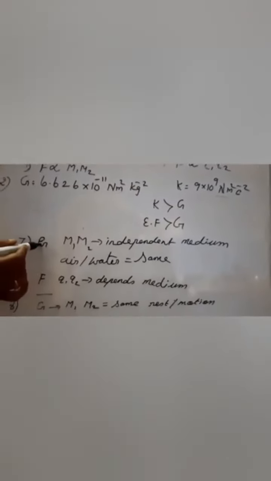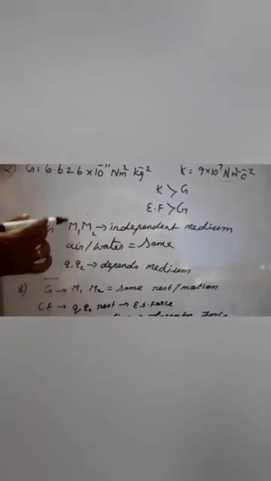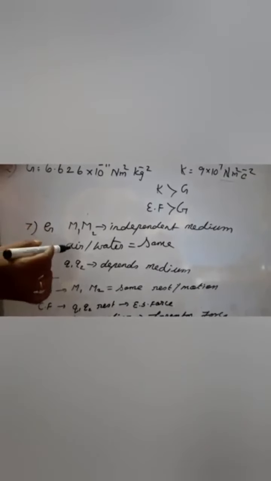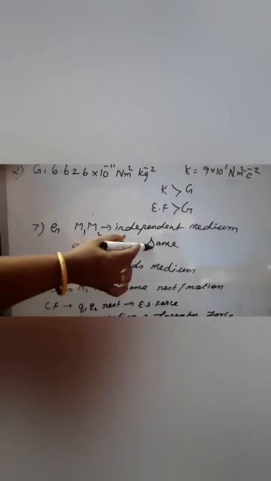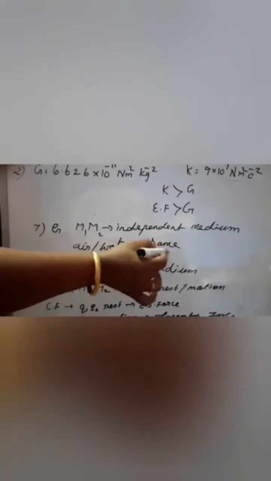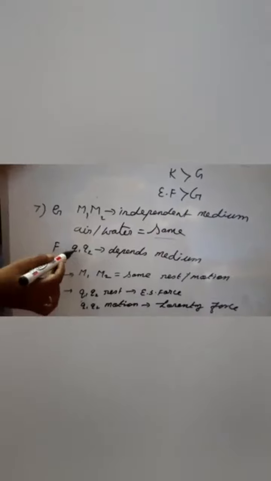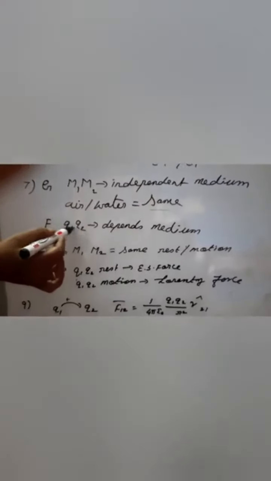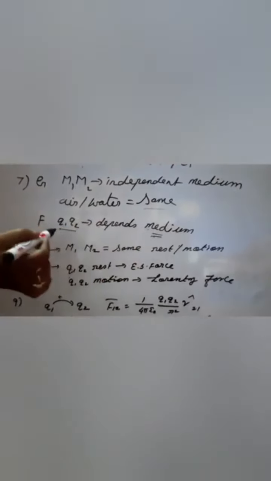The next point is that the gravitational force between two masses is independent of the medium. For example, if two masses of 1 kg are kept in air or inside water, the gravitational force between them remains the same. But the electrostatic force between two charges depends on the nature of the medium in which the two charges are kept at rest.